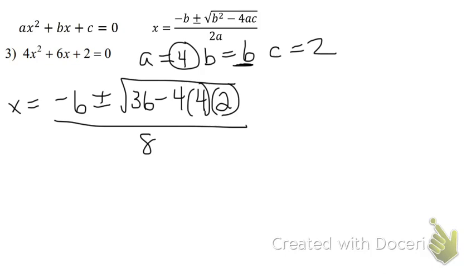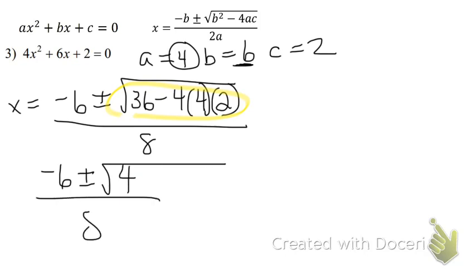Okay, simplify. Negative 6 plus or minus the square root of everything under that radical, put all of that in your calculator. 36 minus 4 times 2, and I get a nice neat 4. And then all over 8.